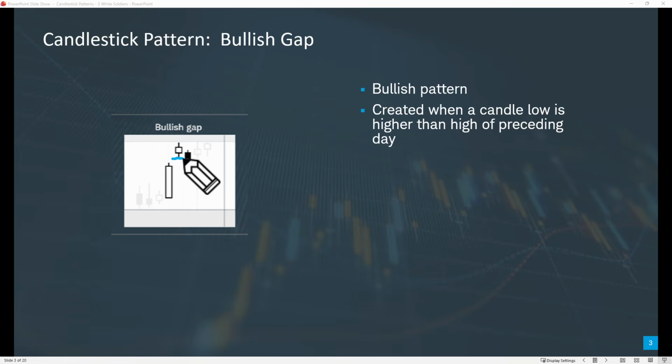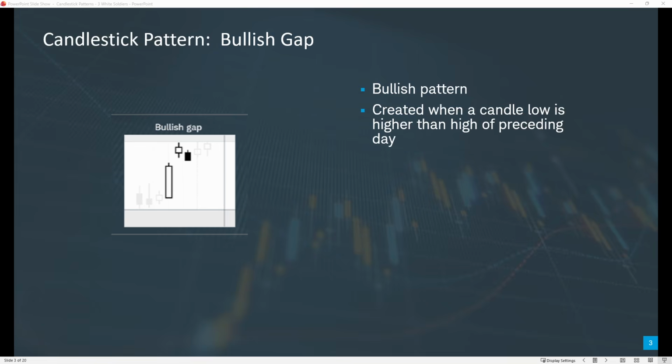So the low of this day is still higher than the high of the preceding day. This is what creates our gap. Sometimes gaps can be large, and sometimes they are not so large. But that gap is created when the low of the next day is higher than the high of the preceding day. That's a pretty simple concept.